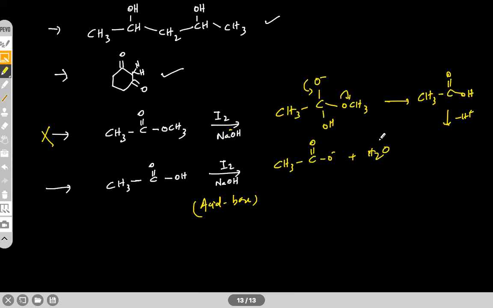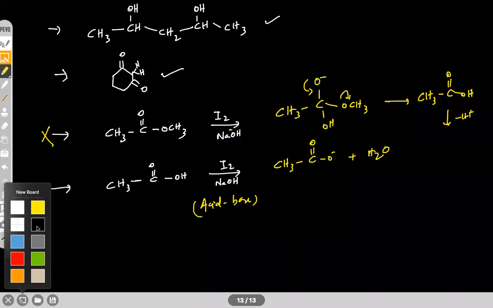Okay. Now you see this one. So what's the final product for the second question? Second question, just a second, I'll go back. C double bond O, CH3 and this with I2, NaOH.